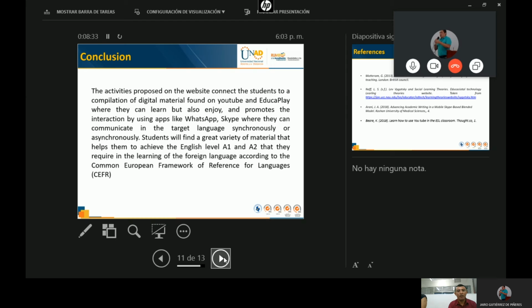The student will find a great variety of material that helps them achieve the English levels A1 and A2 that they require in learning a foreign language according to the Common European Framework of Reference for Languages.